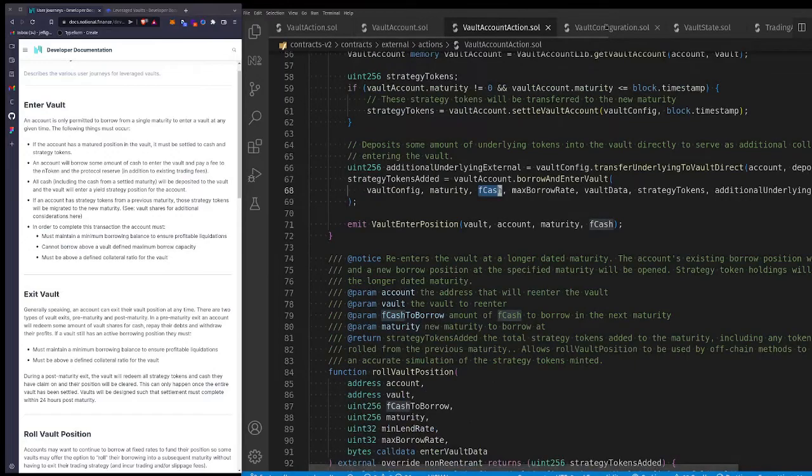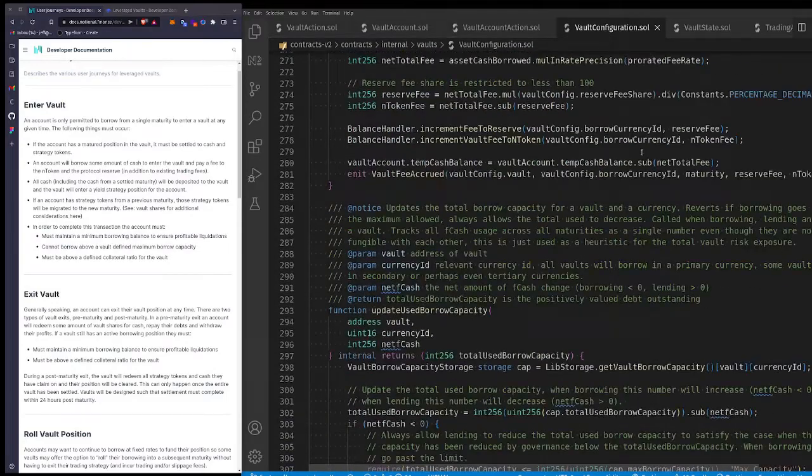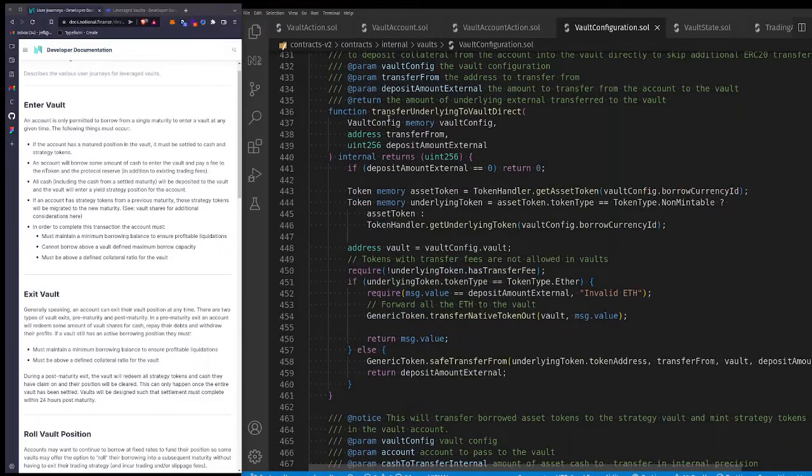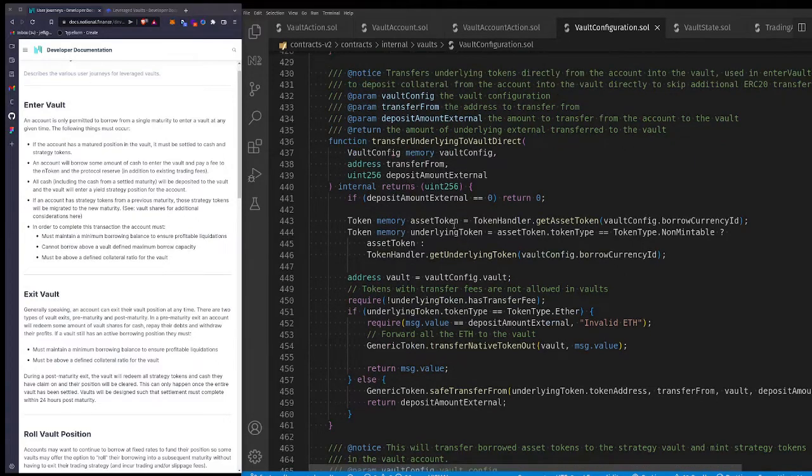First we'll take a look at transfer underlying to vault direct. What this does is it assumes that the Notional proxy has an ERC20 transfer allowance for the underlying token to transfer to the vault.